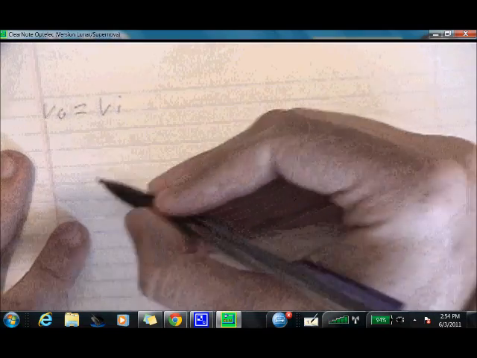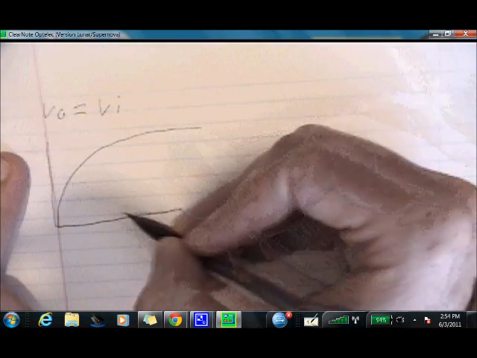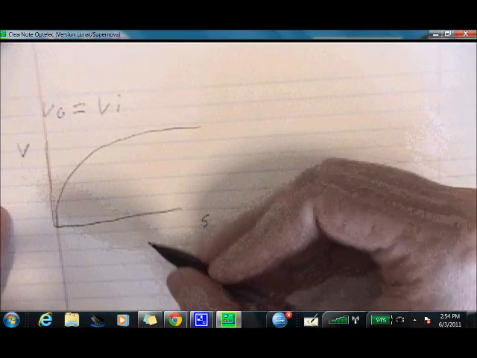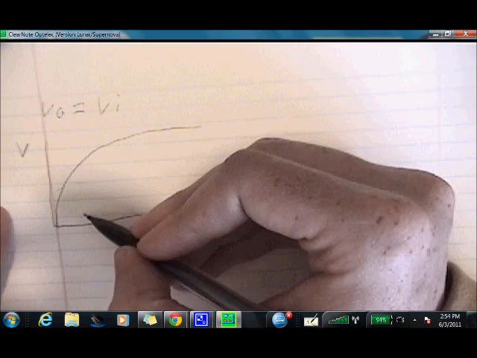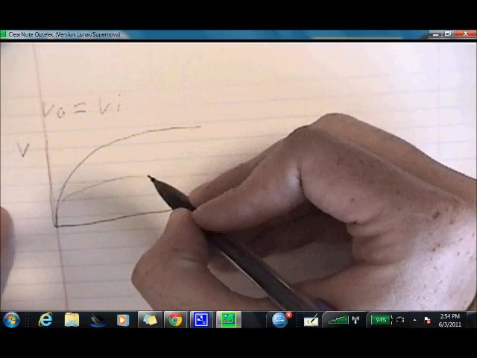So what that means is that if we have our plot here, and this is V over S, this right here is going to bring our velocity down to 75% inhibition.